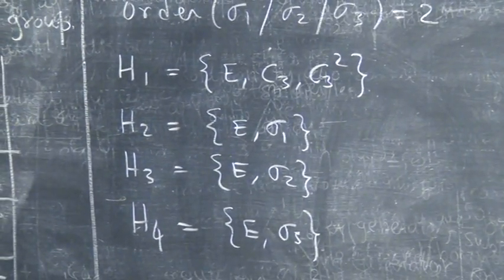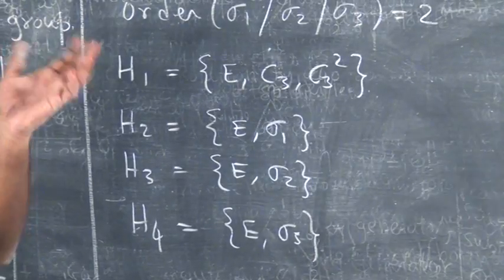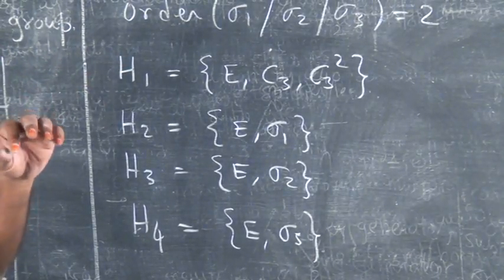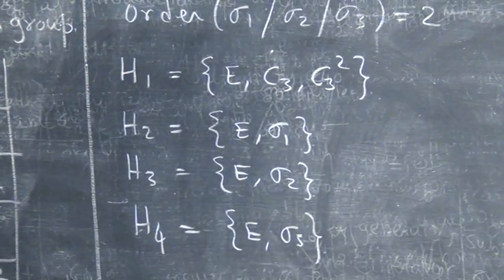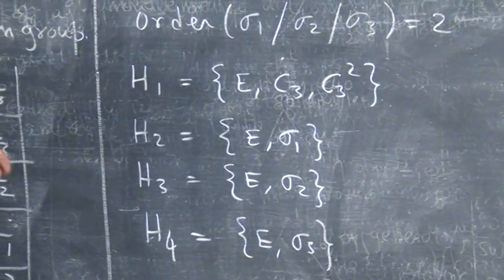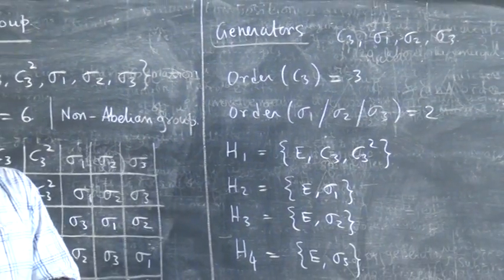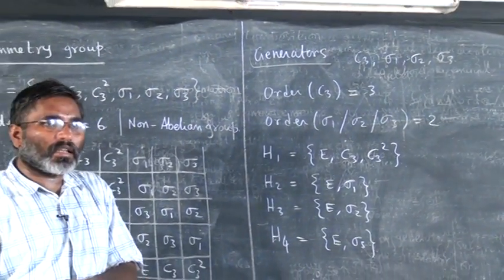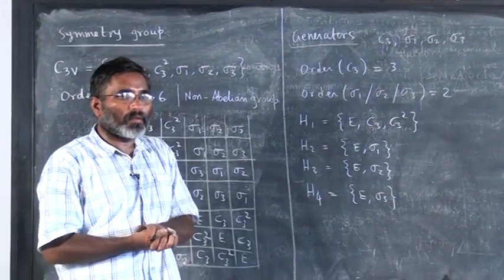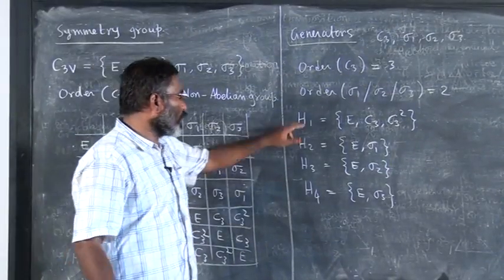Normally, the number of distinct subgroups will be equal to the number of generators. Each generator can be used to generate a subgroup. Correct? So these are 4 subgroups.